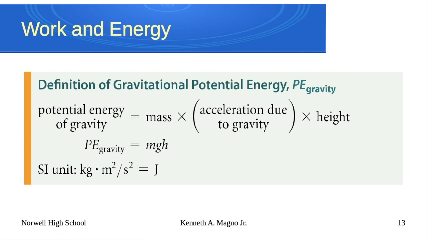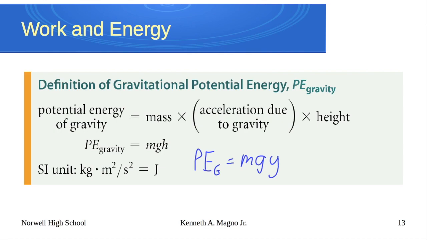I personally prefer to think of it as PE grav as mgy, because I think of it as y positions. So y initial, y final. Because I like to think as the height is that change that you have between y initial and y final. Either way is okay to view it.